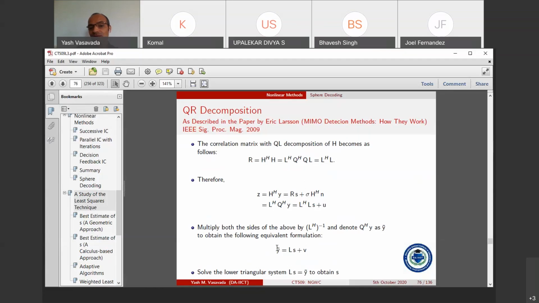And therefore, z minus rs is same as y tilde minus ls, so y minus hs should be same as y tilde minus ls.